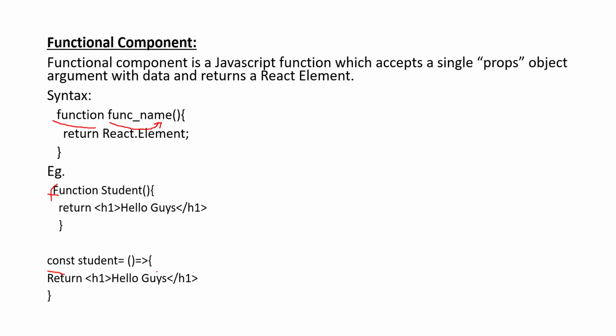This is modern JavaScript, the ES6 version, where we use let and const. Here I use const. Then the next syntax is the function name, then return elements, then the closing.